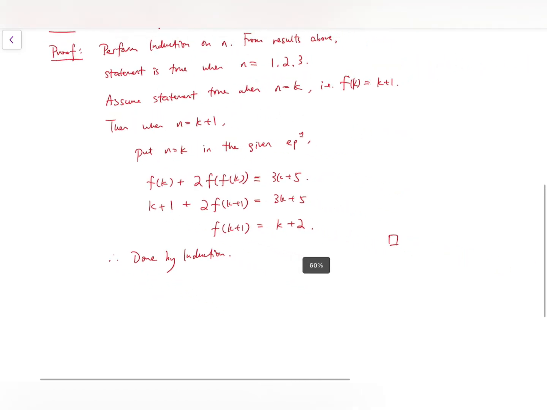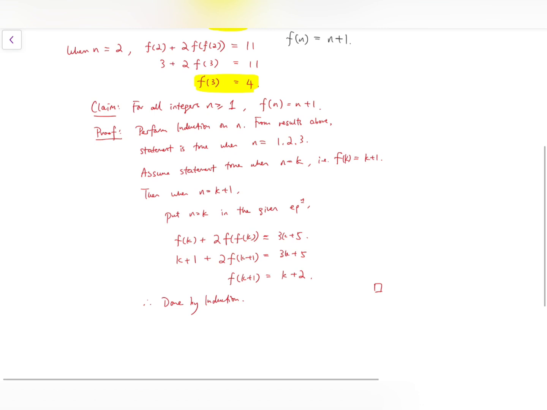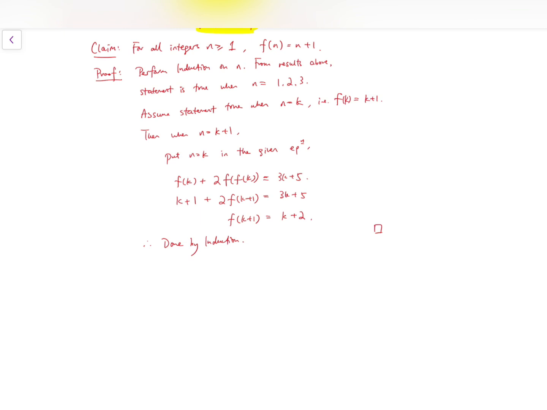Now from this, we know that since f of 1 equals 2 is the only valid solution for f of 1, and by proceeding, we can only get f of n equals n plus 1 for all positive integers n. That means this is the only solution.